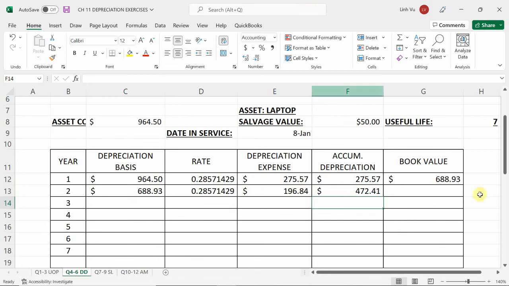So what's your book value? $216.52. Not 216.